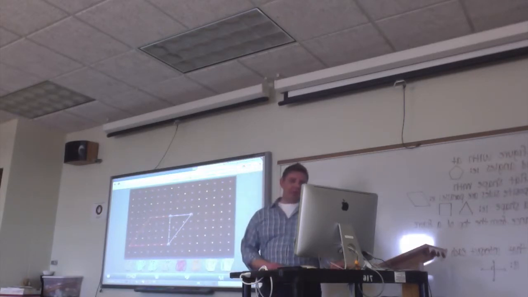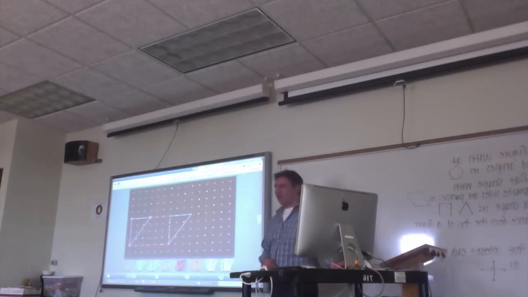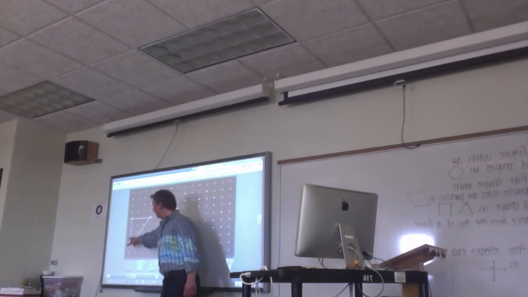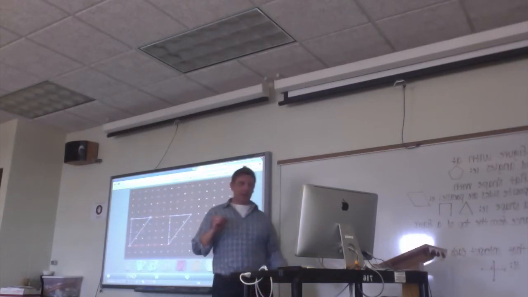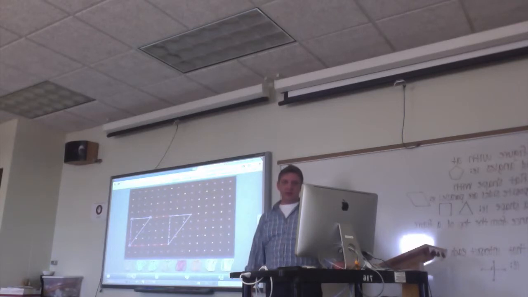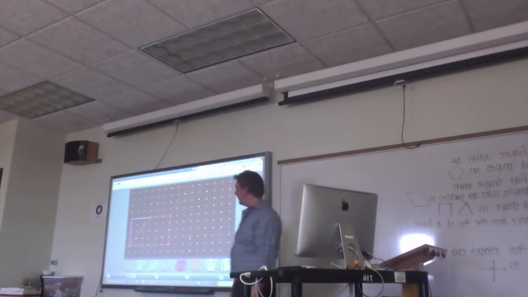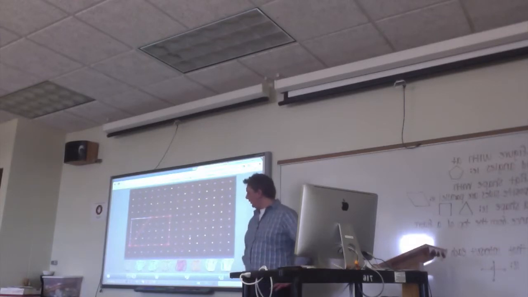But what we can do is we can take this triangle and move it to the other side, just like that. Can you see how this triangle is the same as this triangle? Okay, so since we moved that triangle, we can take this part of that away. And now what shape do we have? Rectangle. A rectangle, that's right. Now, can somebody tell me the area of this rectangle?